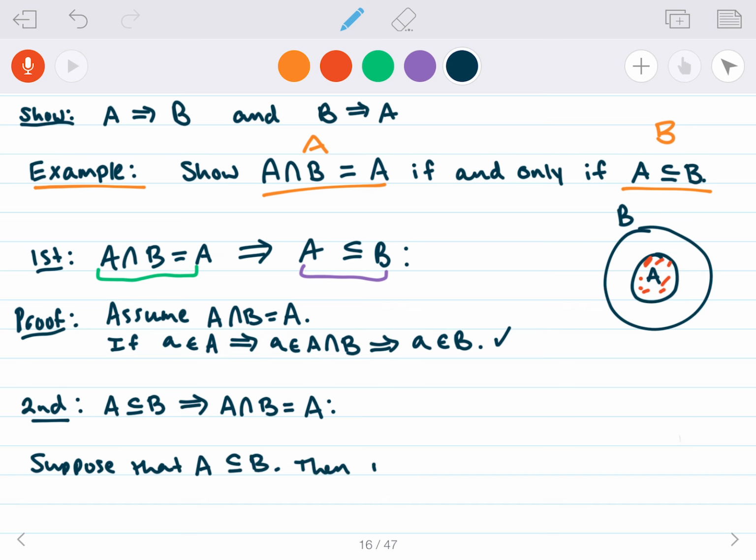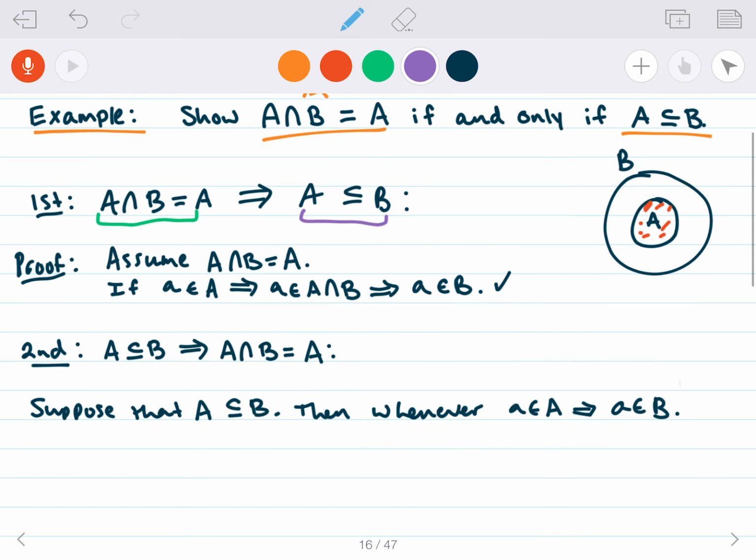Then whenever little a is in A, this means that a has to be in B. That's just the definition of being a subset. All right, and we want to show this equality. So remember, to show a set equality, we need to do both containments.